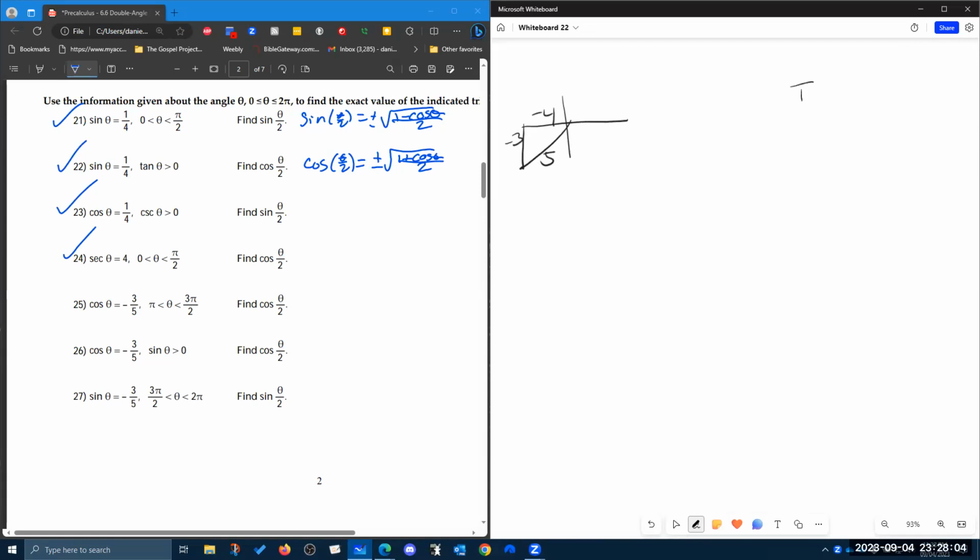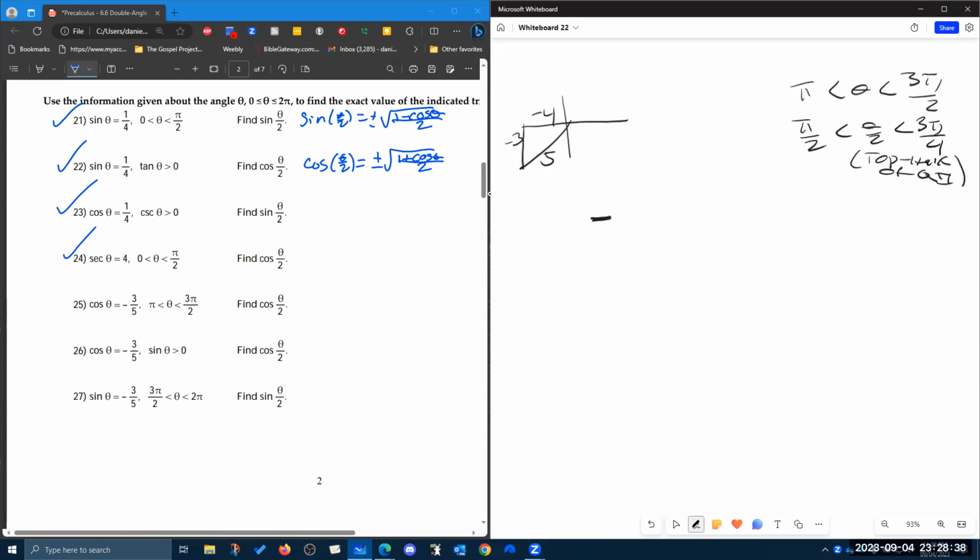Let's take a peek here that if theta is between pi and 3 pi over 2, then theta over 2 has to be between pi over 2 and 3 pi over 4. So it's in the top half of quadrant 2. That means that the cosine value is going to be negative there.